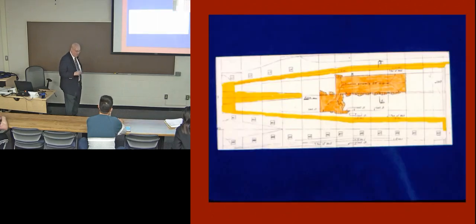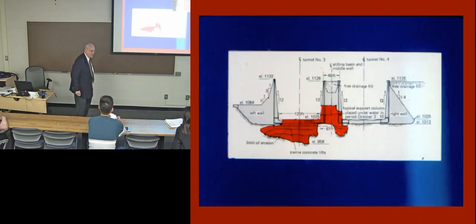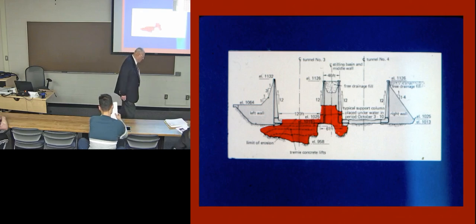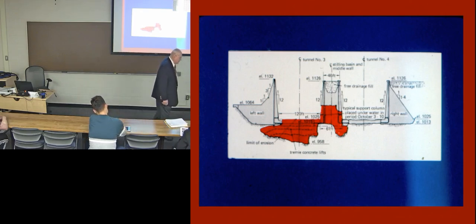The floor of the basin was torn up with these big blocks being just thrown out into the river. And it eroded downward from below where the basin floor had been at one time.